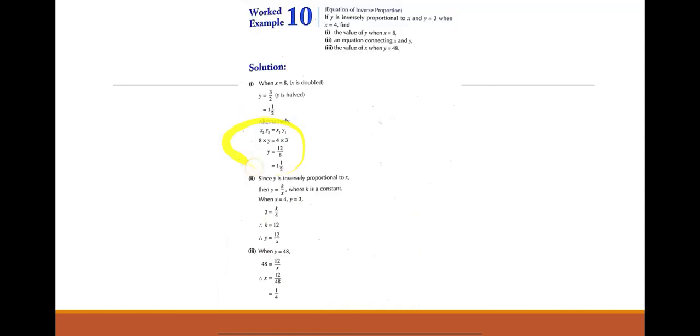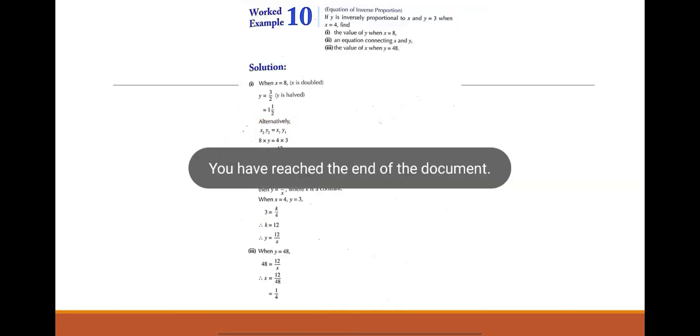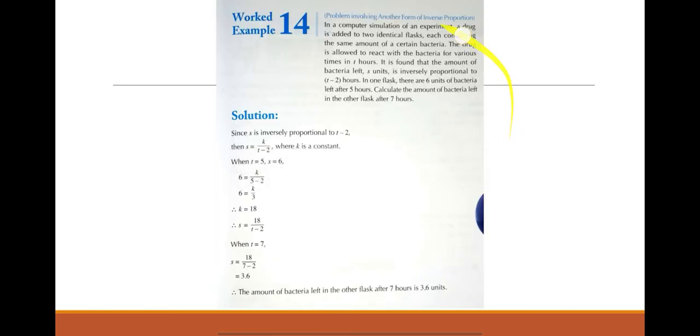But the one thing that you should note here is that it says S is inversely proportional to T minus 2. That's how you form this equation. So whenever you encounter this kind of problem, you just try to look for the words inversely proportional. That's the first thing you need to do.